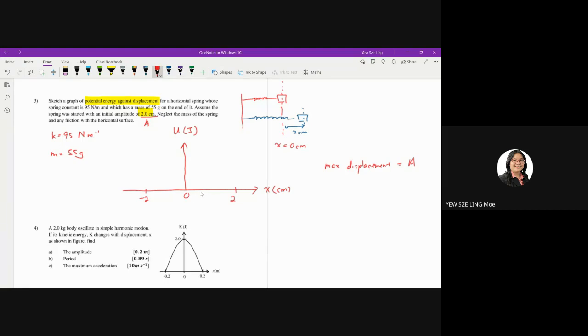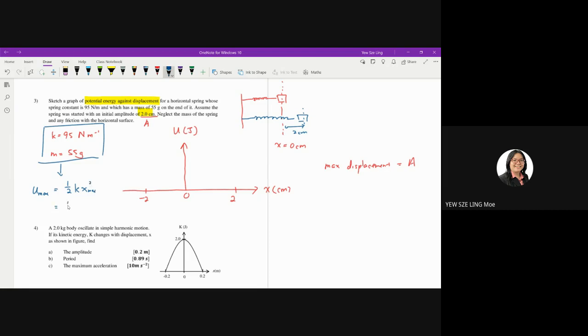One more thing that we need to put in our diagram: since we are given k and m, it means you can calculate the maximum potential energy. U max equals 1 over 2 k x maximum squared, where x maximum is our amplitude.